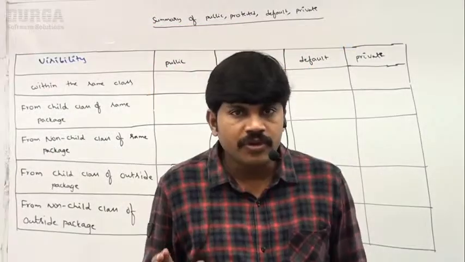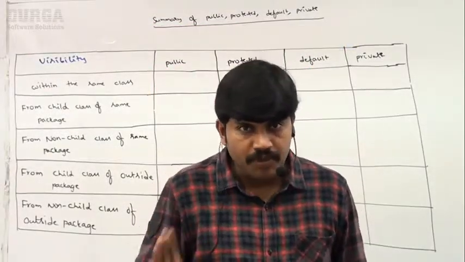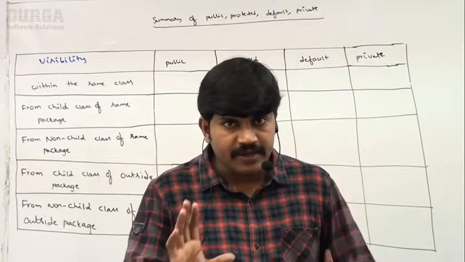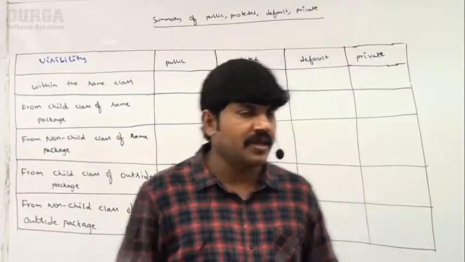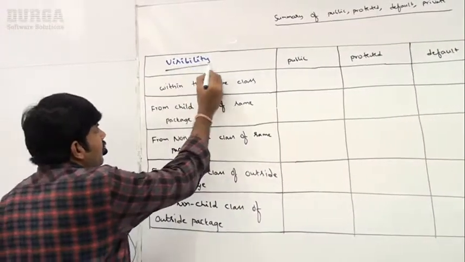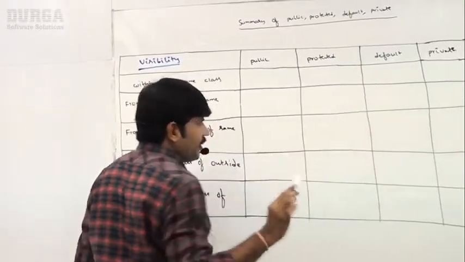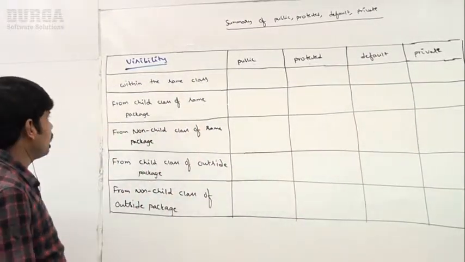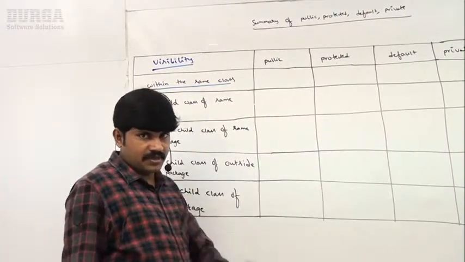Very, very important. In the last videos we covered member modifiers like public, private, protected, default. Let me summarize all these modifiers. Observe the visibility. The four modifiers, public, protected, default, private, are all available within the same class.